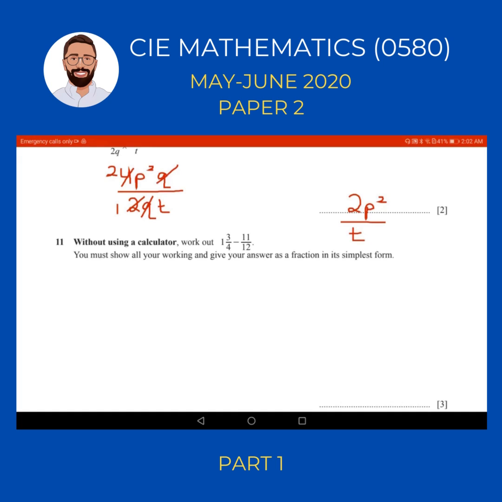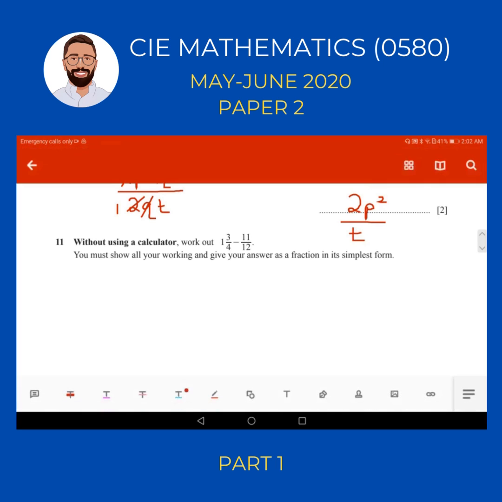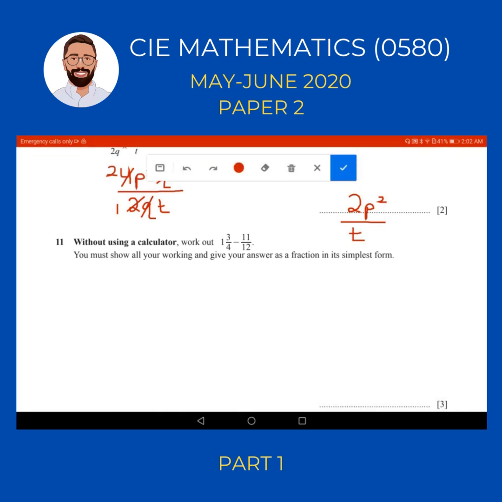Now, I have 1 and 3 over 4, which is a mixed number, or a mixed fraction. So the first step is that I need to convert the mixed number into a normal fraction. And how do we do that? I need to multiply 4 times 1 and add the numerator, which is 3, all of it divided by 4, which is the denominator, minus 11 over 12.